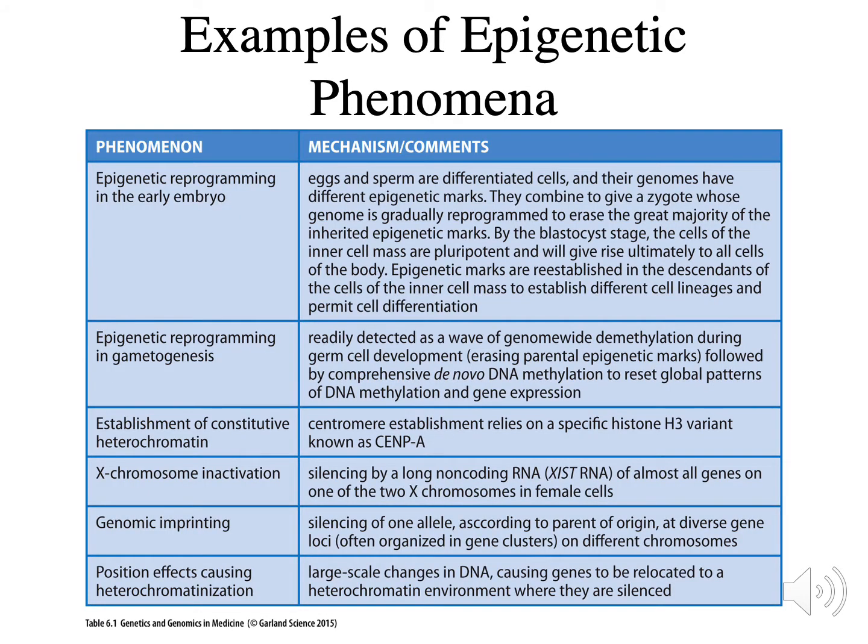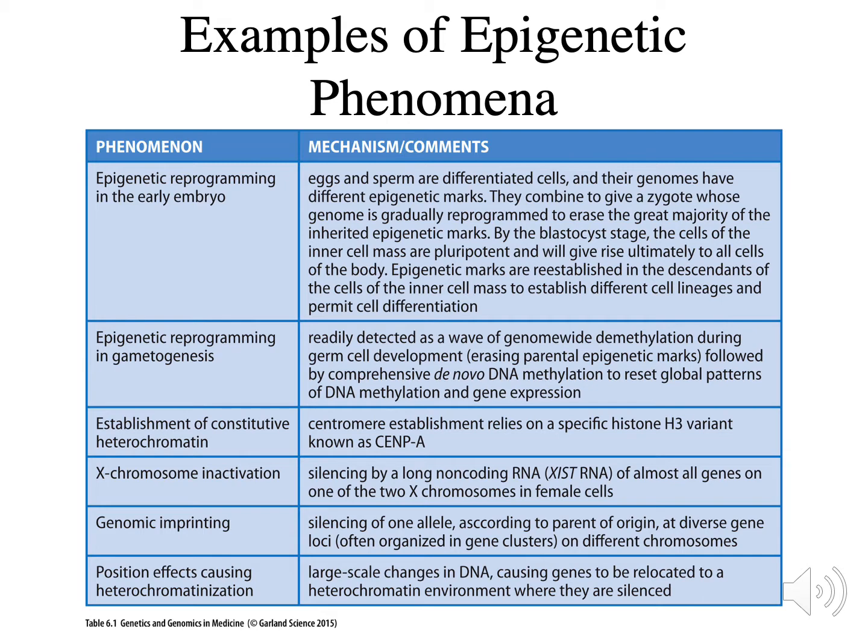Let's take a look at some examples of epigenetic phenomena, and they're quite common in things like development and gametogenesis. So, for example, we have epigenetic reprogramming that takes place in the early embryo. When we talk about the gametes, the egg and the sperm, their genomes have specific epigenetic marks.